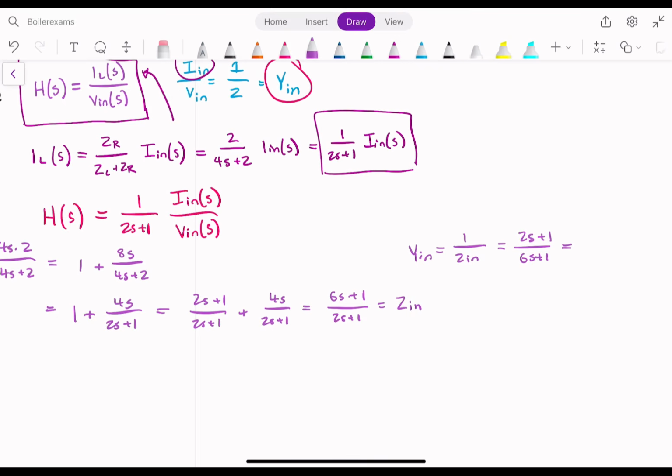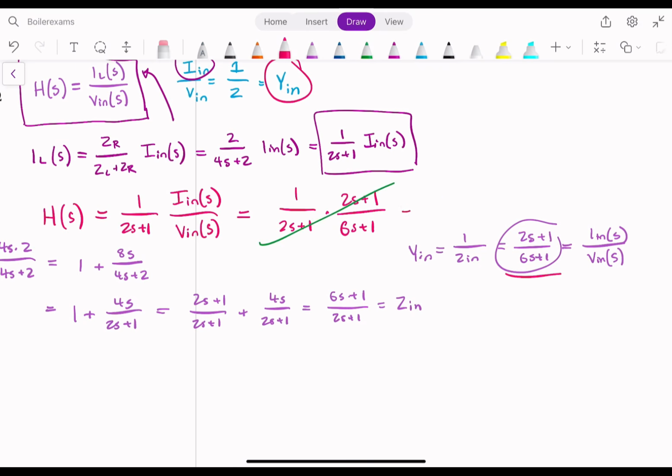And this is equal to our input current divided by our input voltage. And so we can replace this expression here, and we will get that the transfer function is equal to 1 over 2s plus 1 times this value here, which is 2s plus 1 divided by 6s plus 1. These cancel, and this is equal to 1 over 6s plus 1.